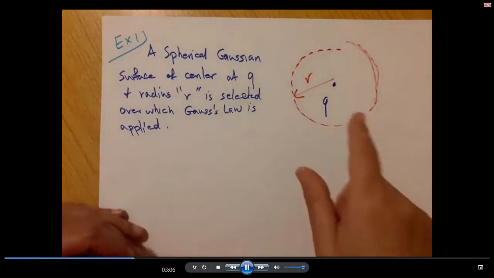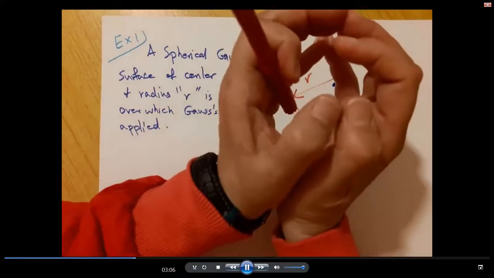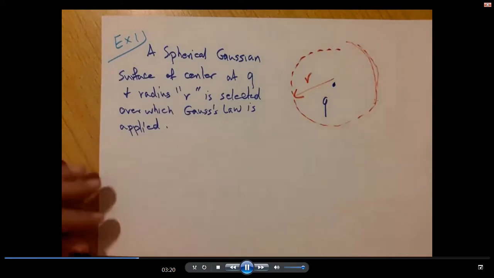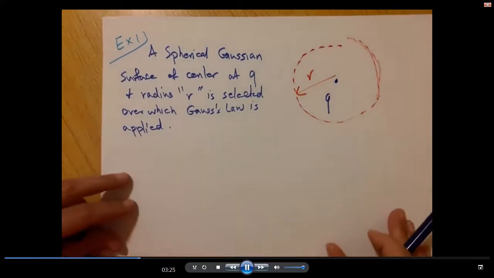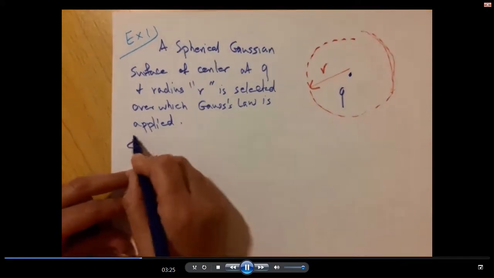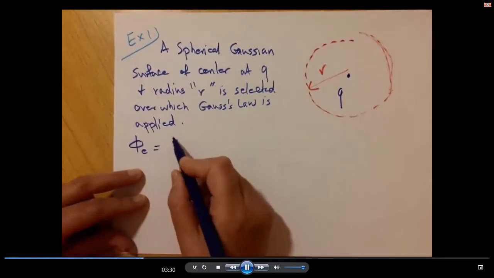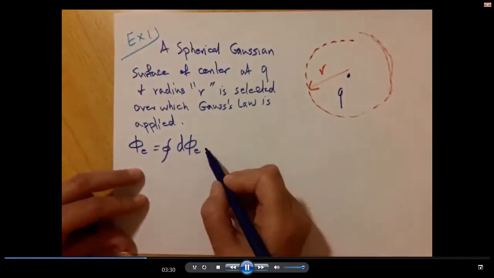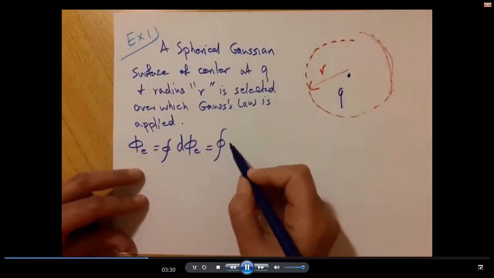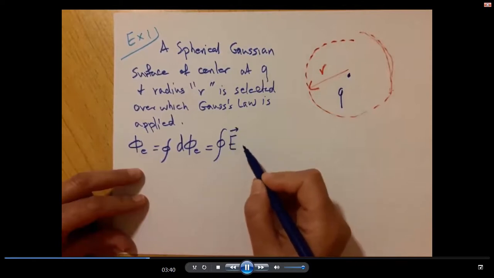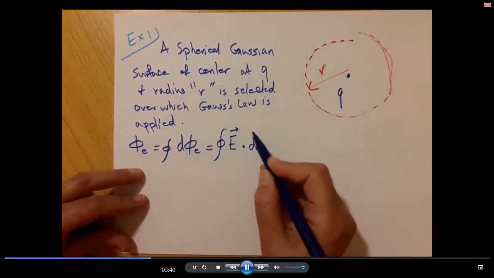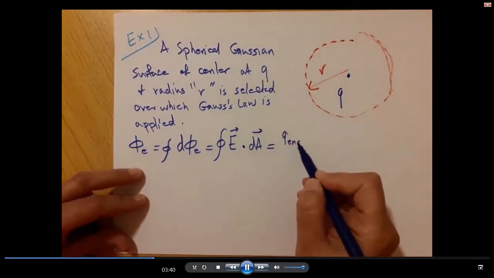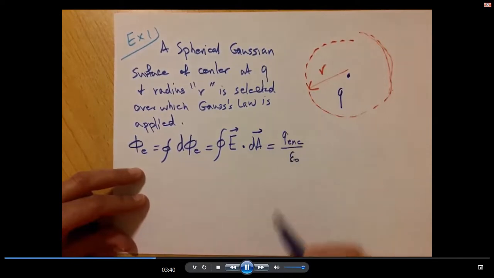Okay, I'm going to apply Gauss law on it, and it's closed, it's a sphere, it's three-dimensional. What does Gauss law say? It says the flux phi E, which is the integral of d phi E over this Gaussian surface, is the closed integral of vector E dot vector dA, equal to Q enclosed over epsilon naught.